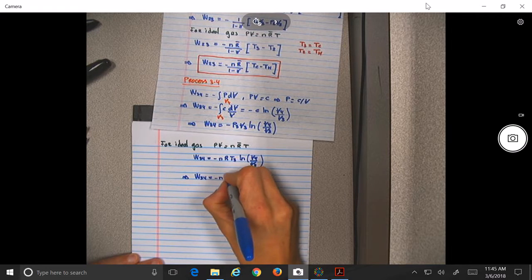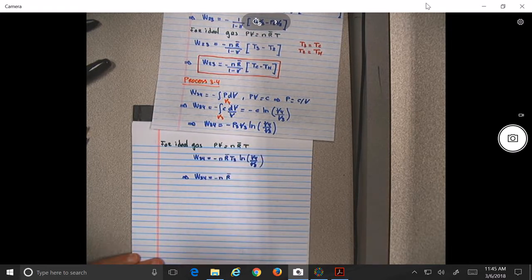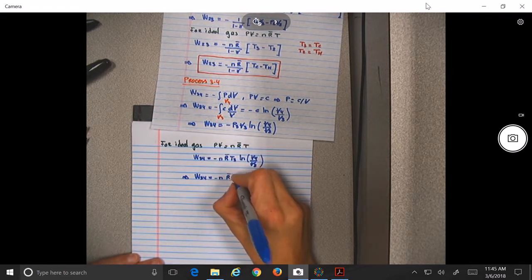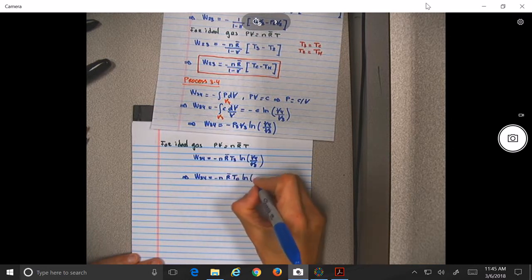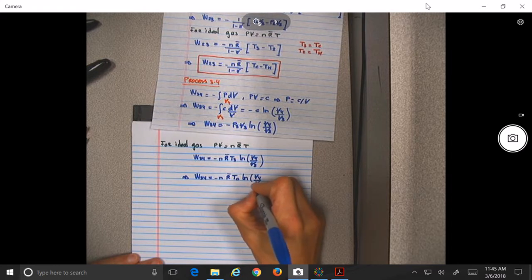Minus nR, I keep forgetting the bar. What is T3? Is T cold log V4 over V3.